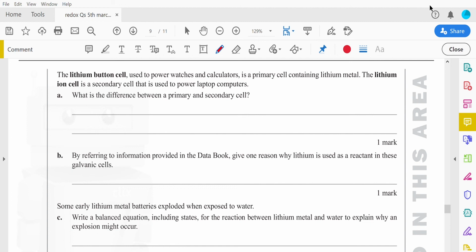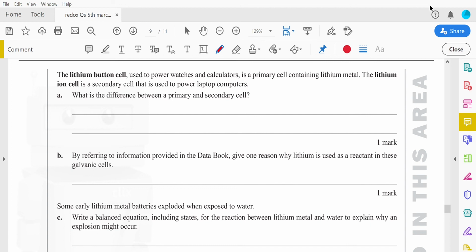But for a primary cell, the products of the discharge just move away from the electrodes. That's what they've got here. So it's not going to, like in a previous question, have the lithium ions go from graphite and then move across to the other electrode and move into that electrode ready to be reversed. For a primary cell, they actually move away from the electrodes.